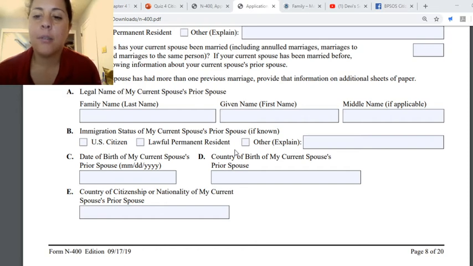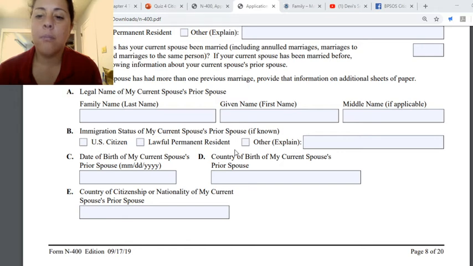Were they a U.S. citizen? Were they a lawful permanent resident? But look, if you don't know, you do not have to write.